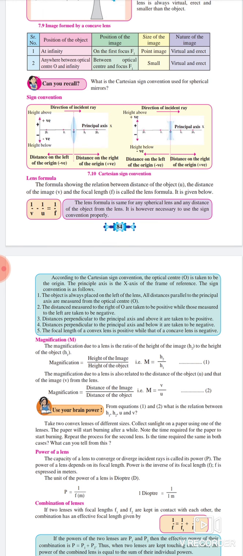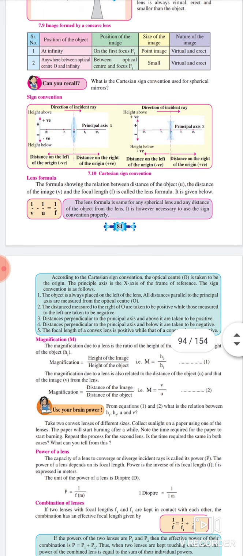Now we will see according to the Cartesian sign convention. You can see, children, that blue box, I am just reading. The optical center O is taken as the origin in figure 7.10, shown in your book. The principal axis is taken as the x-axis. And children, we have seen the object is always placed on the left of the lens, never on the right.